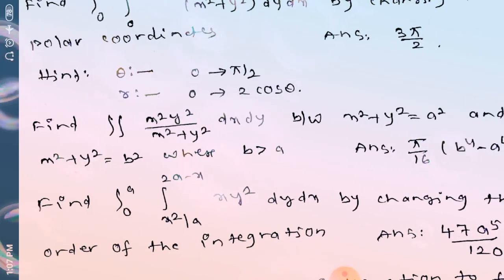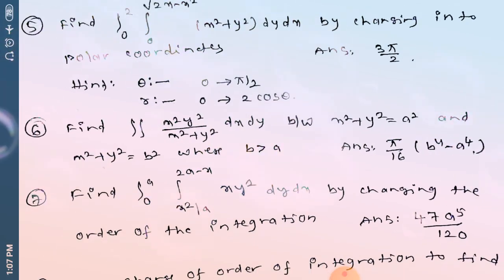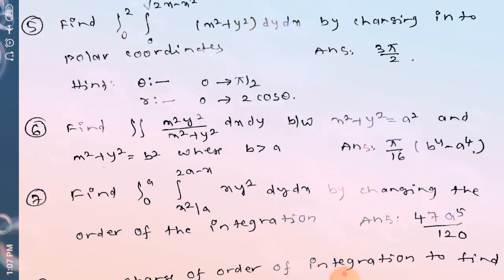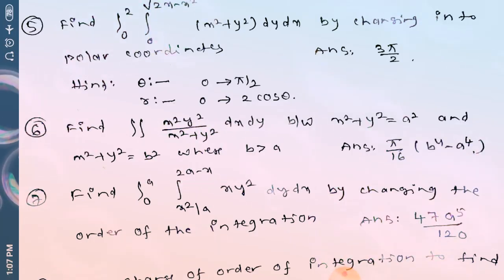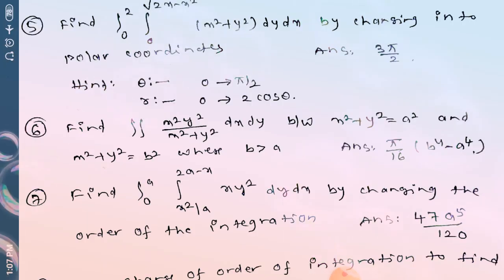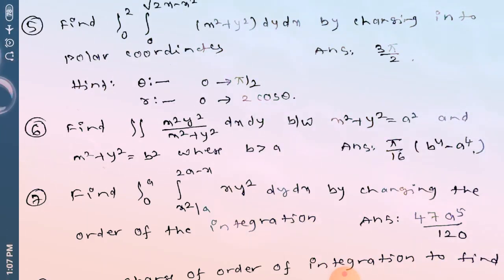In order to find the answer to the sixth one, you use the change of variables into polar coordinates. Very simple. First you start with x equal to r cos theta and y equal to r sin theta, so that dx dy equals r dr d theta.